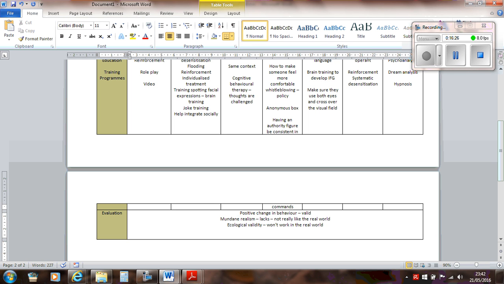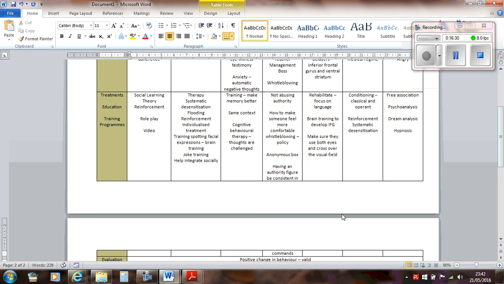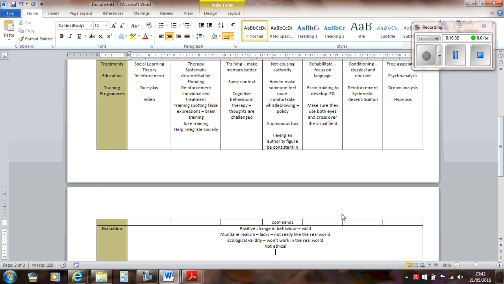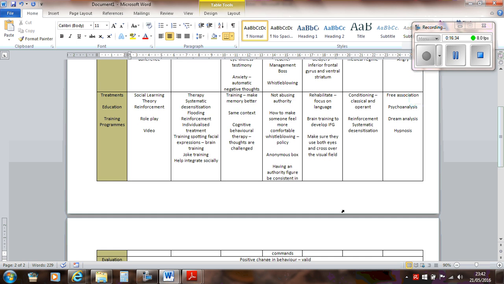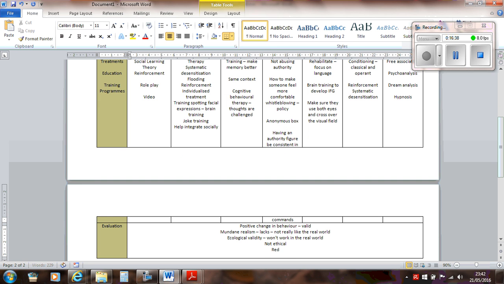You might say it's not ethical to do it. What else could you say? It's quite reductionist because it's not considering other explanations for behaviour. It's quite deterministic, as it doesn't suggest free will.